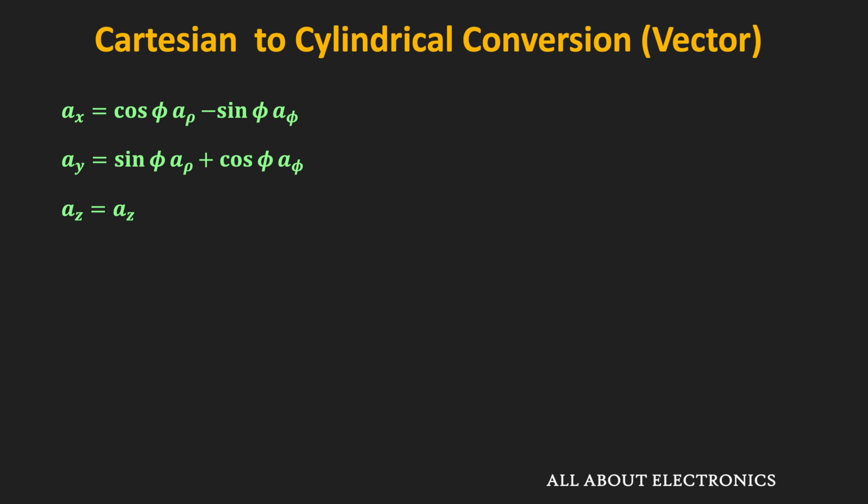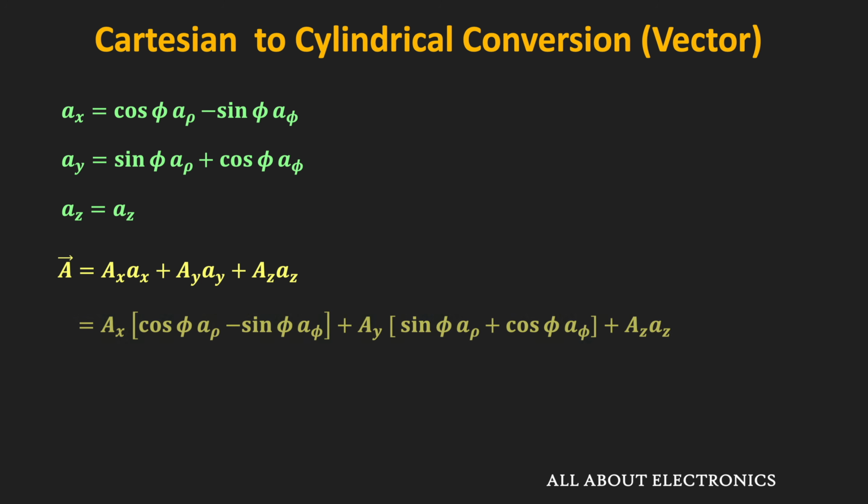So similarly, now let us see the other way around and let us find the Cartesian to cylindrical conversion. That means now the vector that is given to us is in the Cartesian coordinate. So now in this expression, let us put the values of ax, ay and az. So if we put the values, then we will get this expression. So once again, if required, then you can pause the video. So now from this expression, let us combine the terms related to a rho.